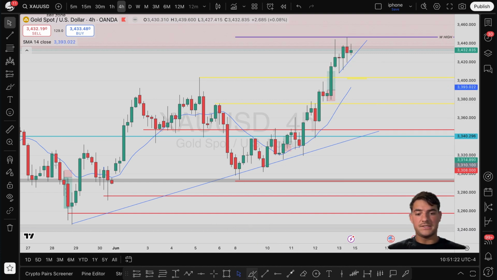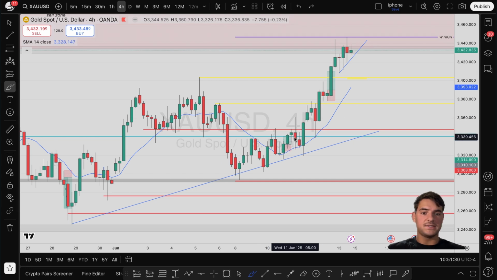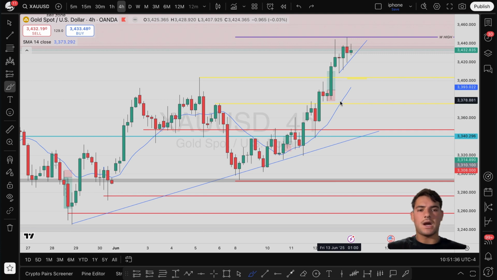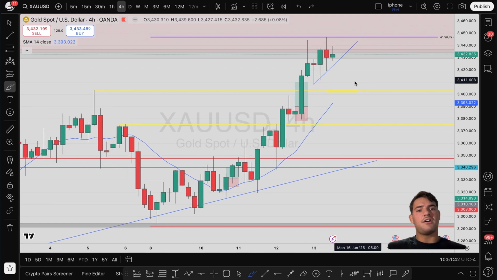If the price is below the moving average, it's going bearish. If the price is above, so this is price, and the moving average is here, means it's going bullish. Okay, so right now in the 4 hour, we are still above the moving average, which is a good sign. And I also have a second trend line working right here.